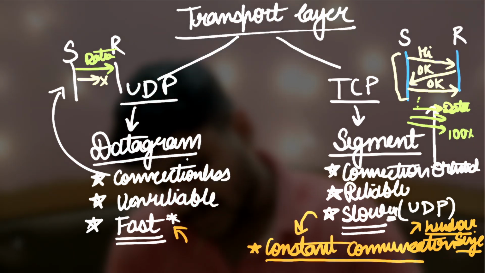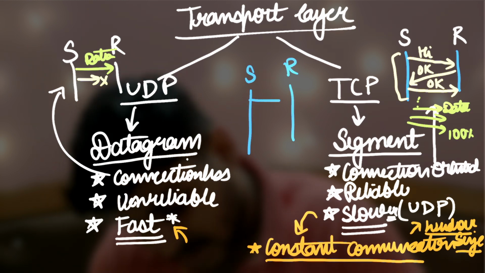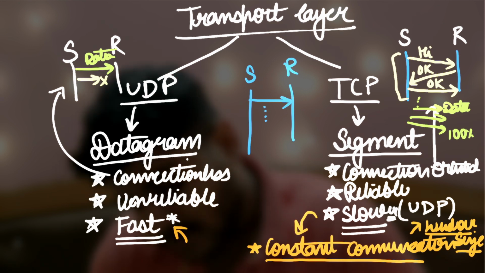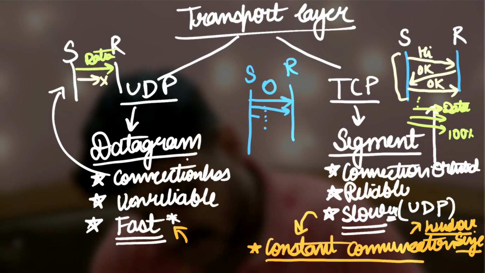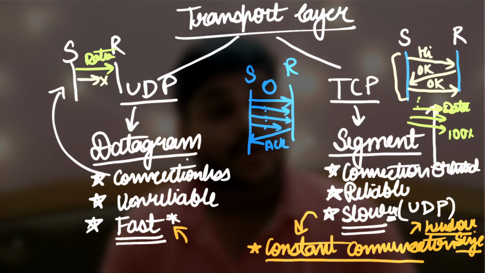What actually happens when we are sending data? Let us consider that we are sending data using the TCP protocol. We have built the connection over here. Now we are sending the data, sending the data, sending the data. After some of the data is sent, an acknowledgement is received, acknowledging that all the data packets that were sent have been received successfully.